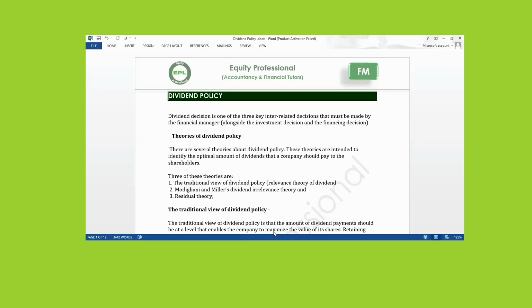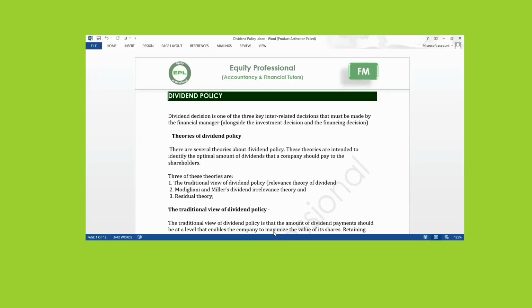Dividend decision is one of the 3 key interrelated decisions that must be made by the finance manager.